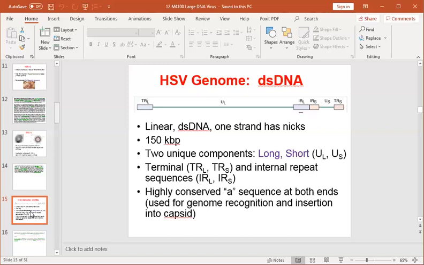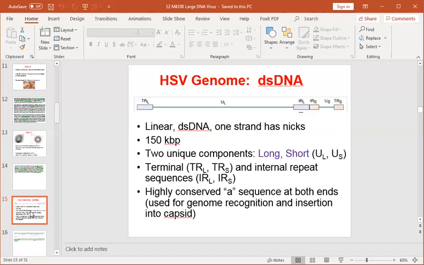One is larger than the other, and one is smaller, so we call them unique long, UL, and unique short, US. We have terminal repeats. Again, one is long, one is short. Terminal, as the name implies, is at the end of the genome. One is larger, the other one is smaller.